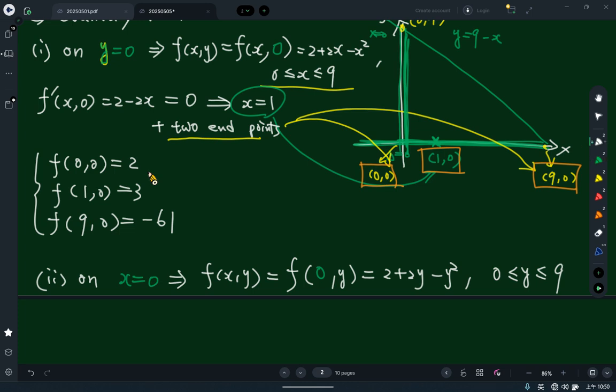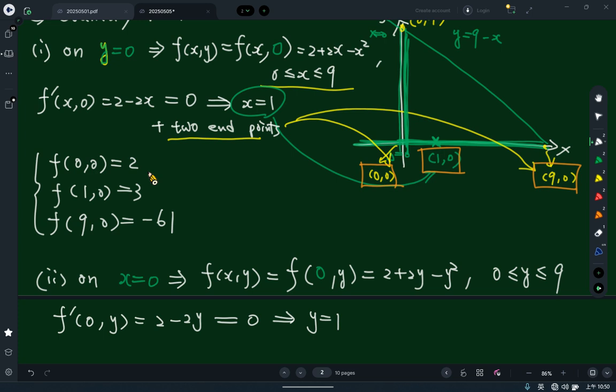We get f prime of (0, y) is equal to 2 minus 2y. We hope it can be 0, then we get y is equal to 1, right?